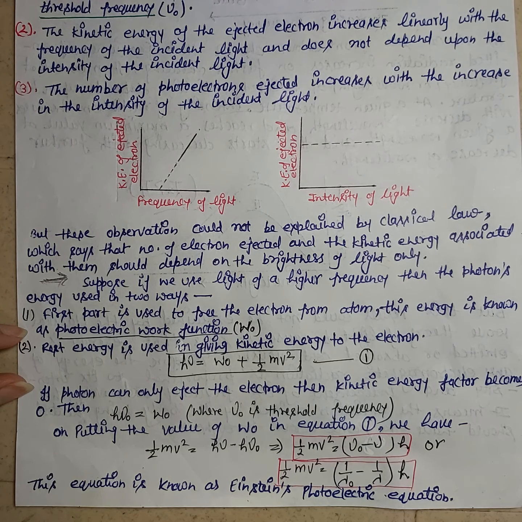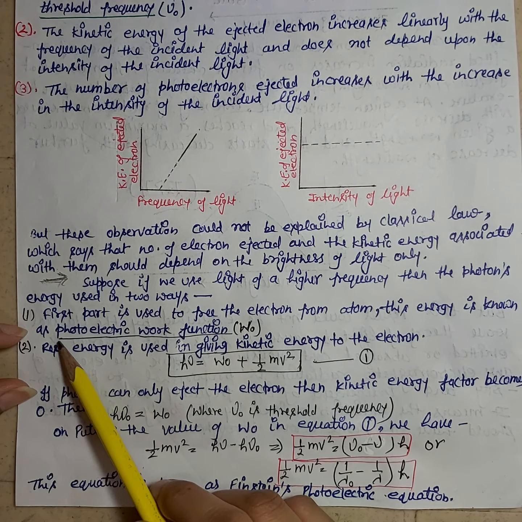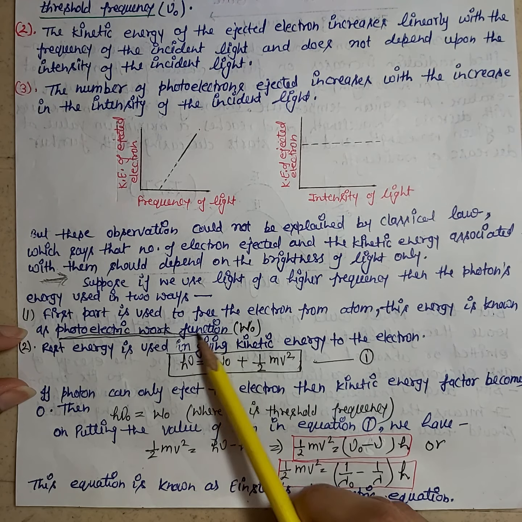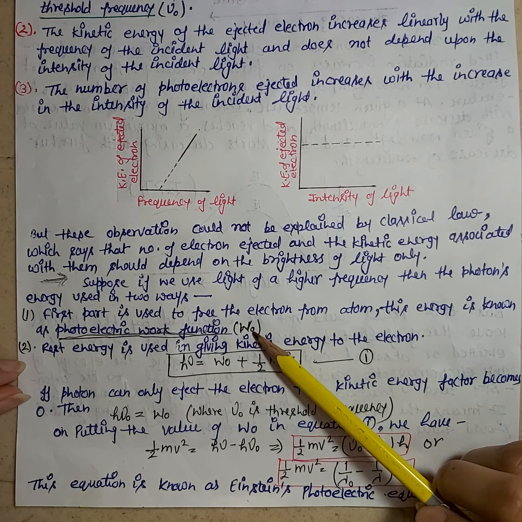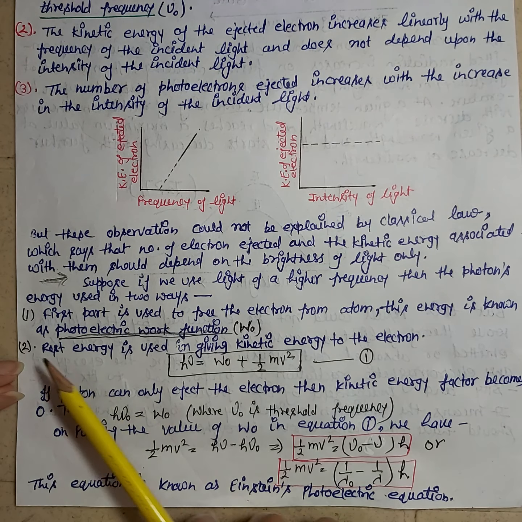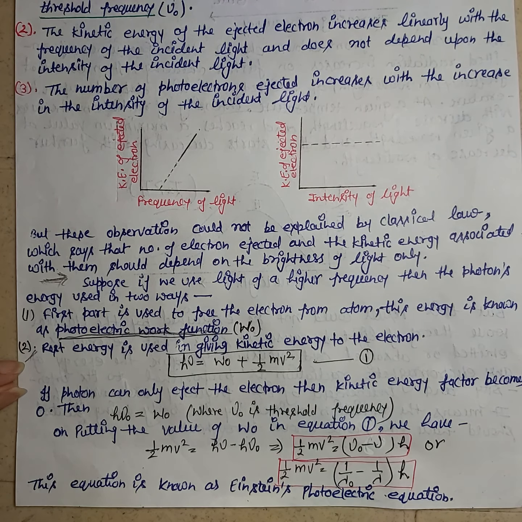This energy is known as the photoelectric work function. Remember this, and it is denoted by W naught.